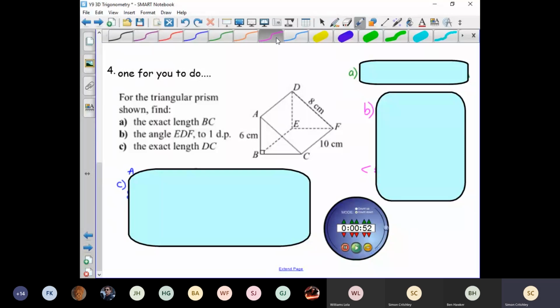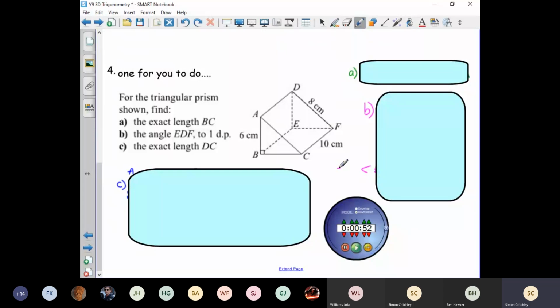Do you want me to go through method or? Yeah, method as well. So first I put all the lengths on my diagram to make it easier, so I knew what line A to C was and what A to B was. A to C is 8. Okay, cool. And then what's the working with these two?